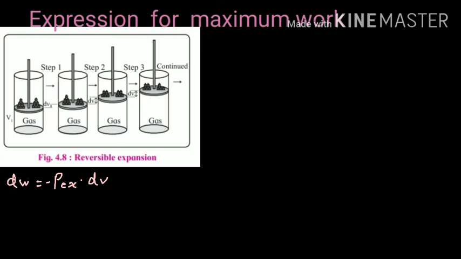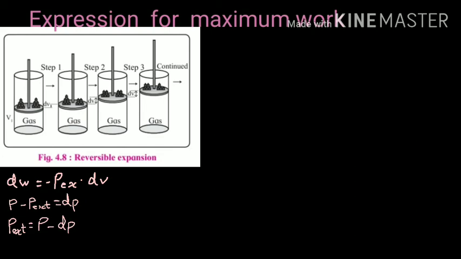We know that here the pressure of gas is larger by a very small amount dP than the external pressure. Hence we will write pressure of gas, which is denoted by P, minus the external pressure is equal to dP. Next step is we are going to take the external pressure out, so we get external pressure is equal to P minus dP.